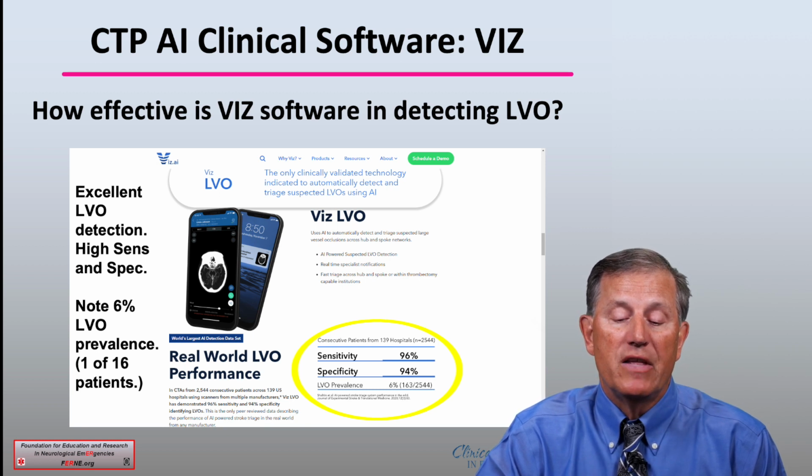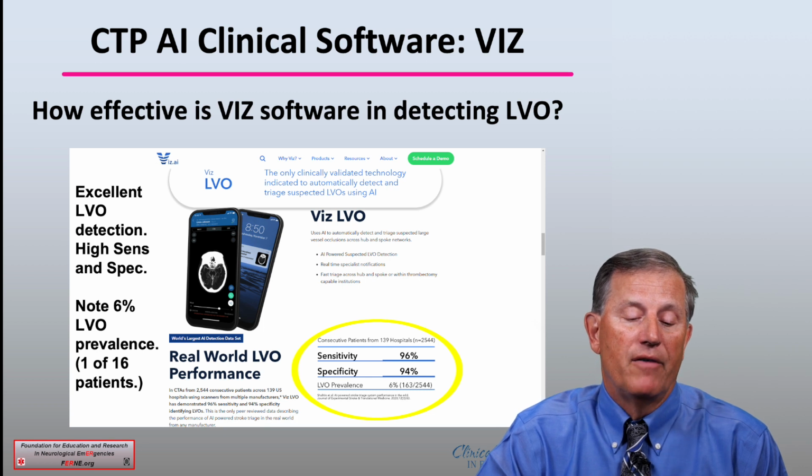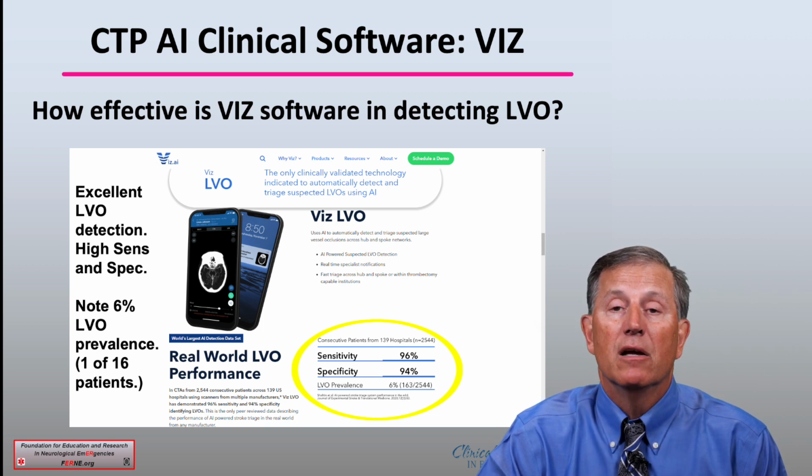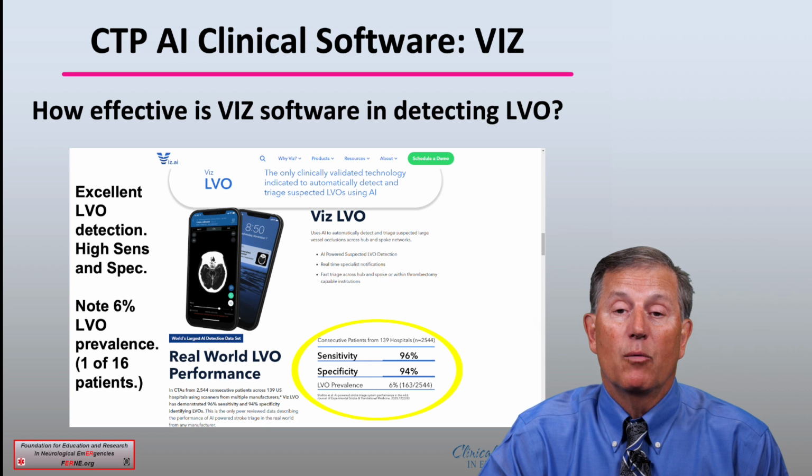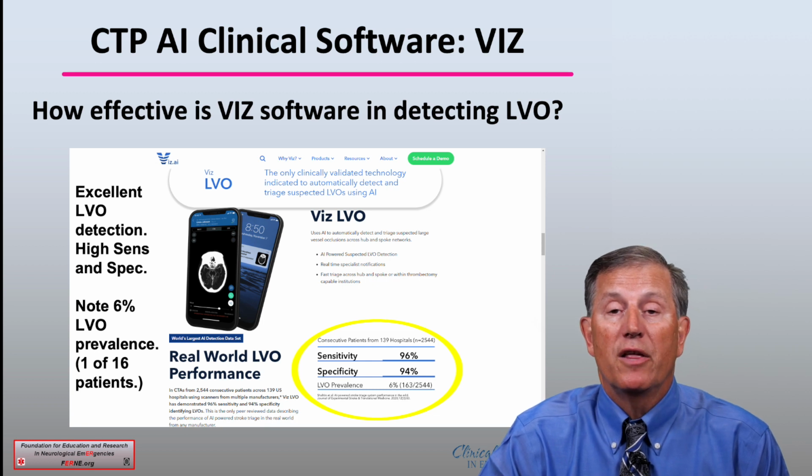Now, please note in this example, the prevalence of LVO was 6%, or 1 out of every 16 stroke patients, and this is less than the prevalence that was seen in the other study, which had a 23% prevalence of LVO.